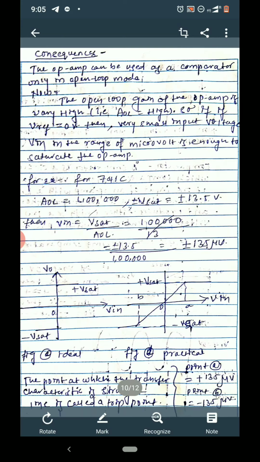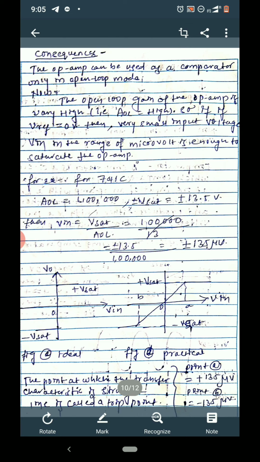Okay, so now if the gain is very high and V reference is kept at 0 volt, for a very small voltage also your output changes. Try to understand this. If you have kept V reference equal to 0, because the gain is very high, even a small 0.1 volt, either positive or negative, in micro or milli range, changes your output from plus V saturation to minus V saturation or vice versa.